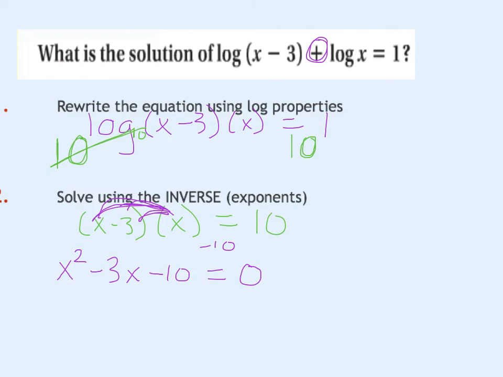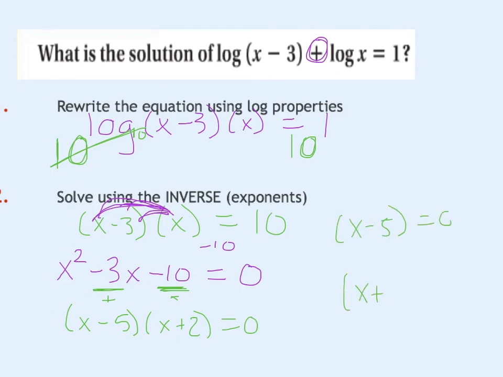Because now it's a quadratic, and from here I factor two numbers that multiply to get negative 10, but add together to get a negative 3, which would be a negative 5 and a positive 2 is equal to 0. So I set both of these equal to 0, and now we get that x is going to either be equal to 5 or x will be equal to negative 2, and those will be my two answers.